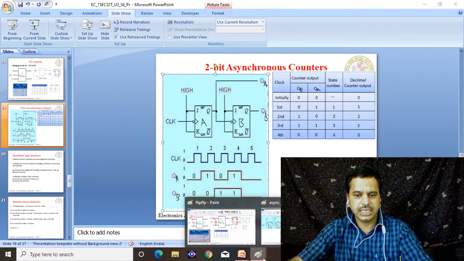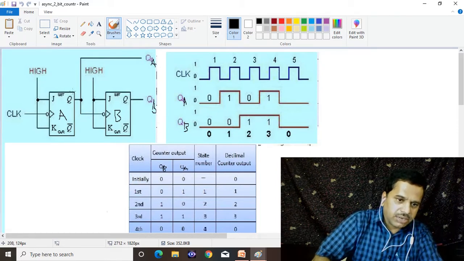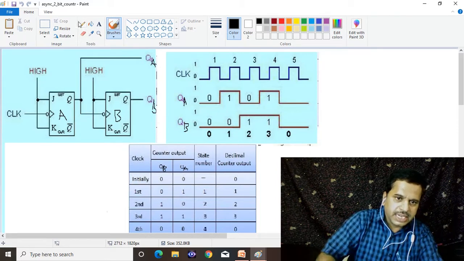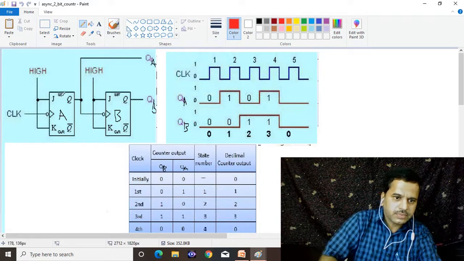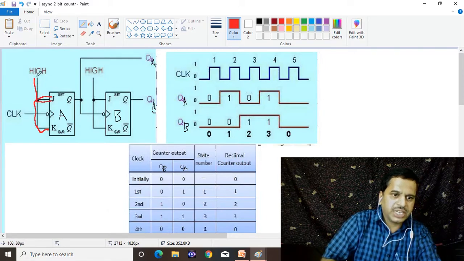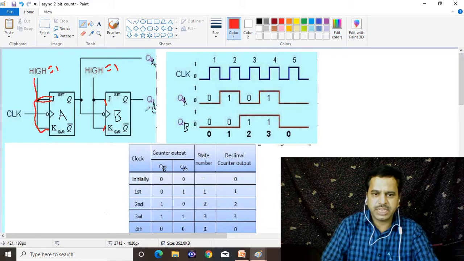To make it a counter, as I told, the J input and K input are shorted and connected to the input that means it is 1. And here also J and K are shorted and connected to the input, that is binary 1.